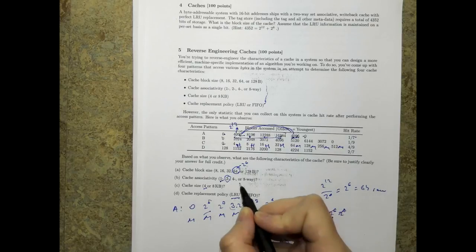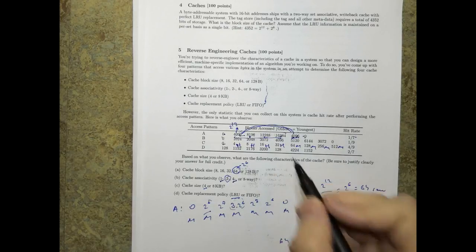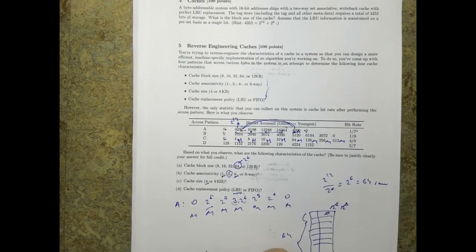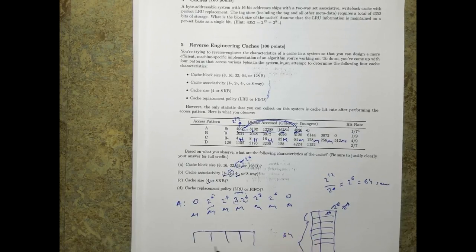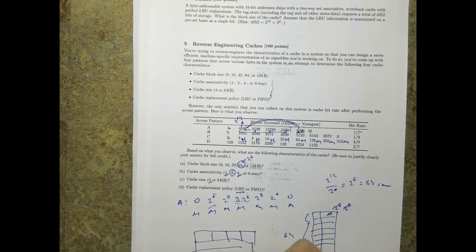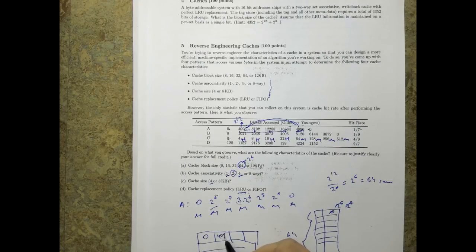But if you have 4-way associativity, then we'll have 4 of these values always in the same set. So if we draw it like this, we have 4 slots available, and we have many of those, right? So we'll be able to put 0 here, the 64 here, the other one here, and then the other one here.